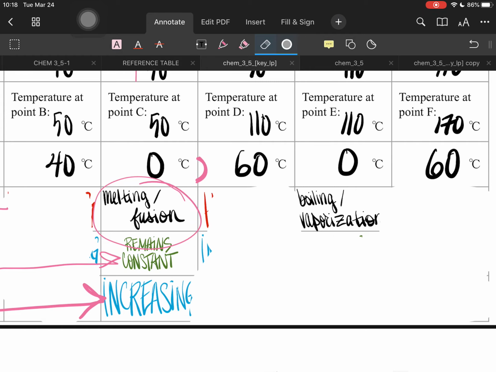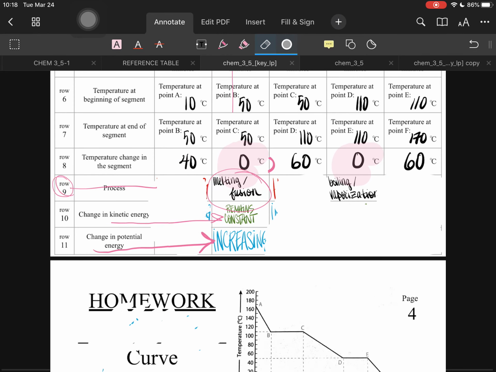The line is flat, which means there is no temperature change. And if there's no temperature change, the kinetic energy of the molecules is remaining constant. We are adding heat, so the energy has to be changing somehow. If it's not the kinetic energy, then it has to be the potential energy.